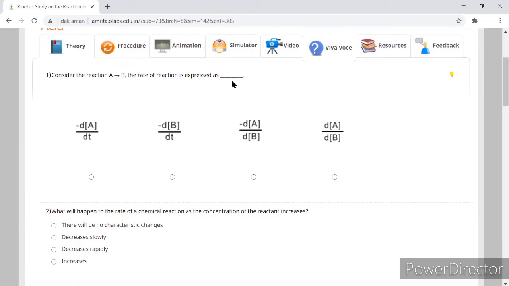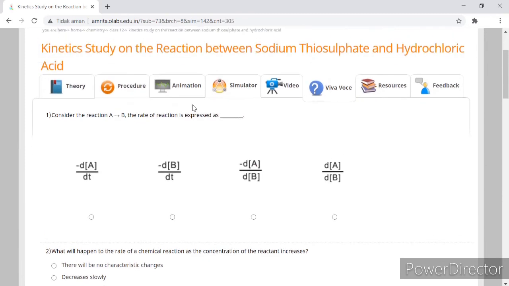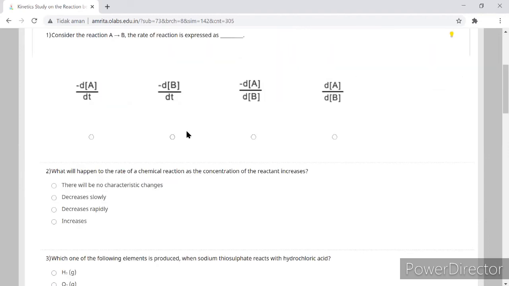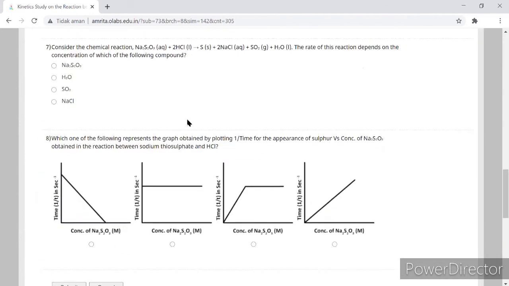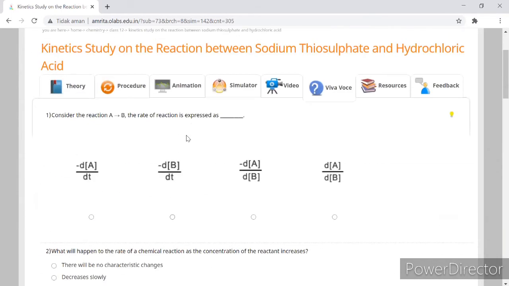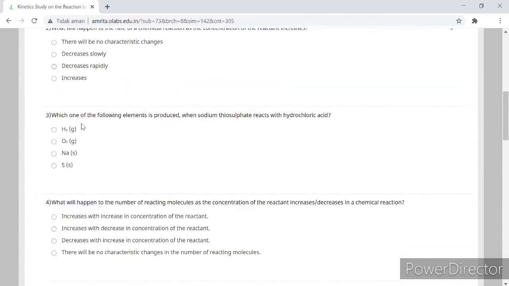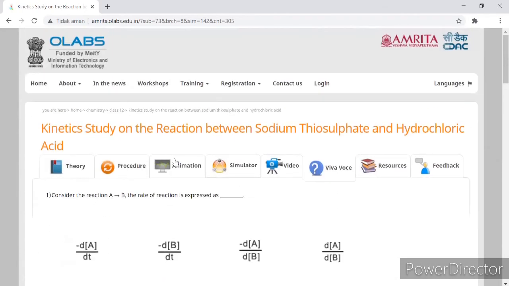And in this website, they also provide us with some exercise questions. There are some questions in here.